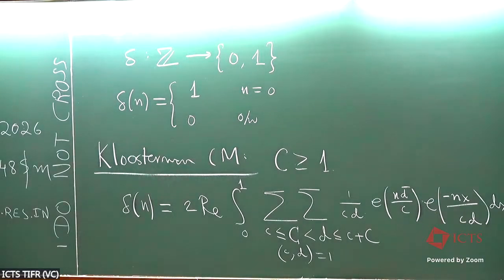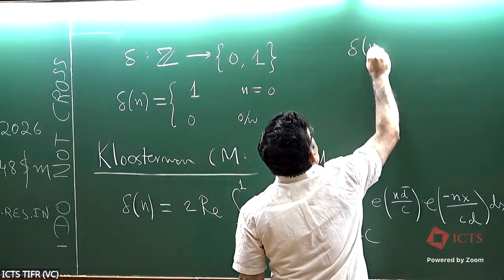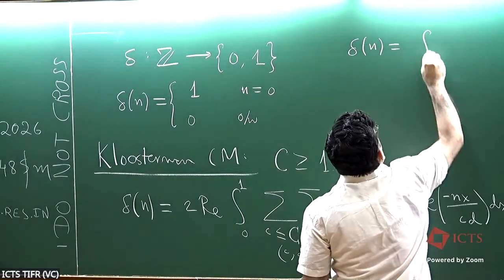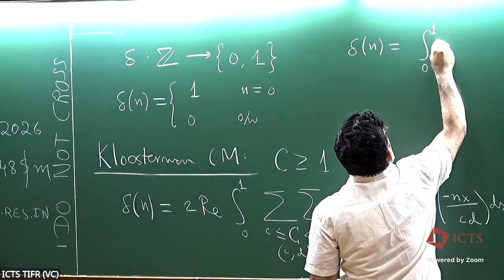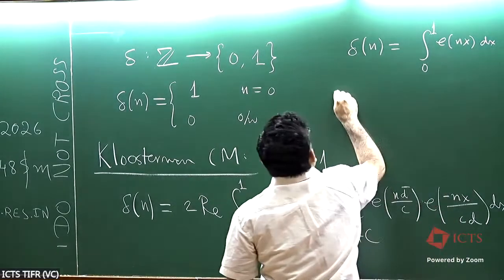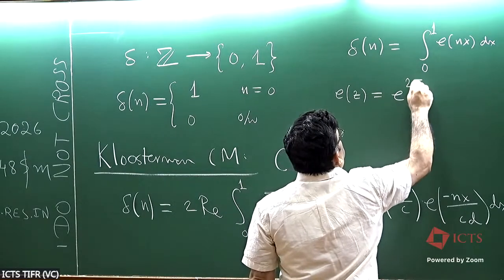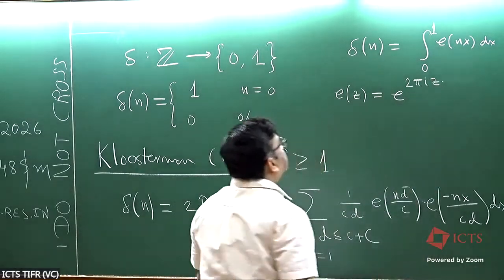The starting point, if you want to prove this, is the observation that delta(n) is the integral from 0 to 1 of e(nx) dx. You may have already seen that e(z) is standard notation for e to the power 2 pi i z.